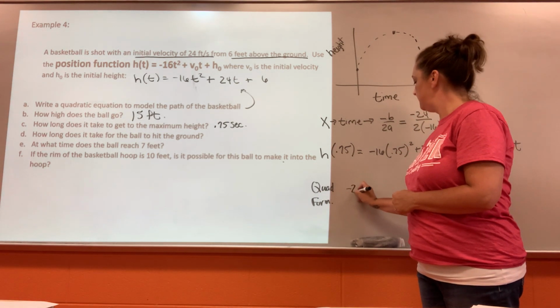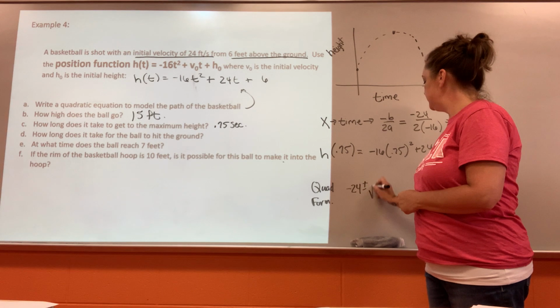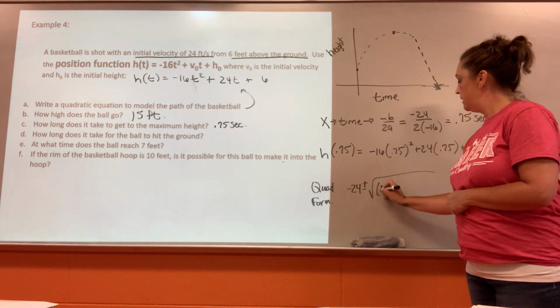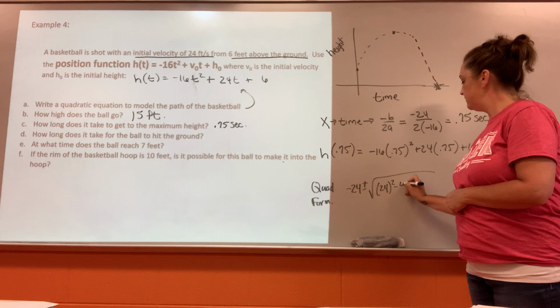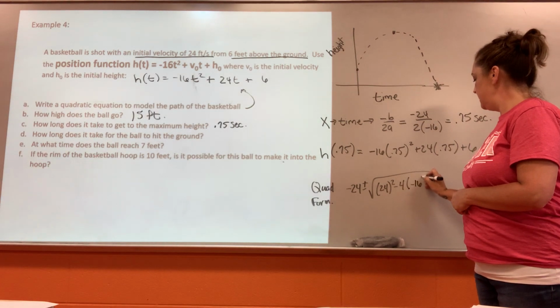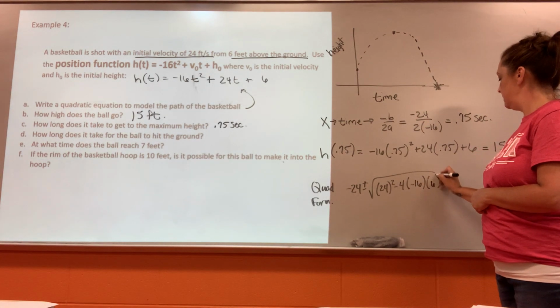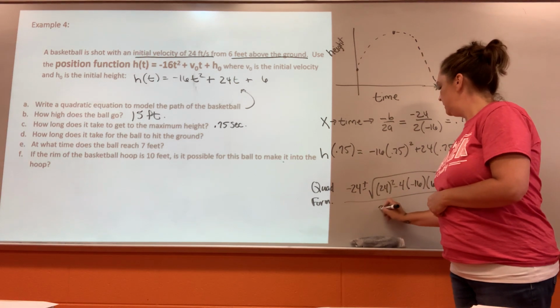Opposite B plus and minus the square root of B squared minus 4 times A times C all over 2A.